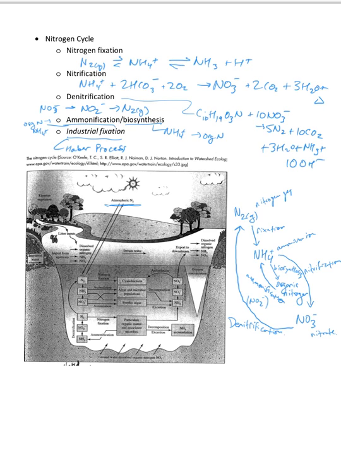And that is the way we make what we call synthetic fertilizers. So most of the cheaper fertilizers that you would apply to your lawn or your trees or your plants, Miracle-Gro, that sort of thing, comes from this process.